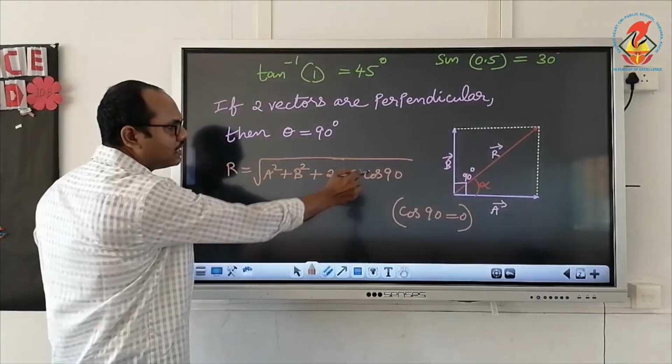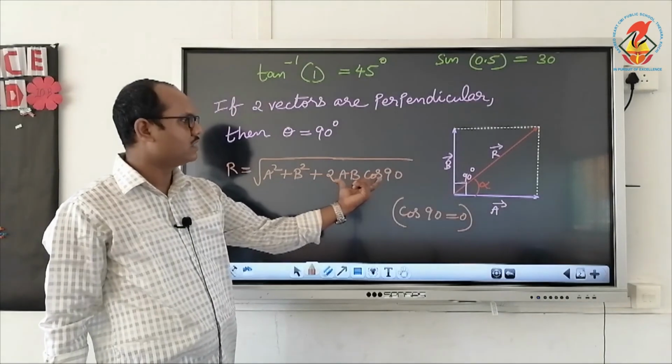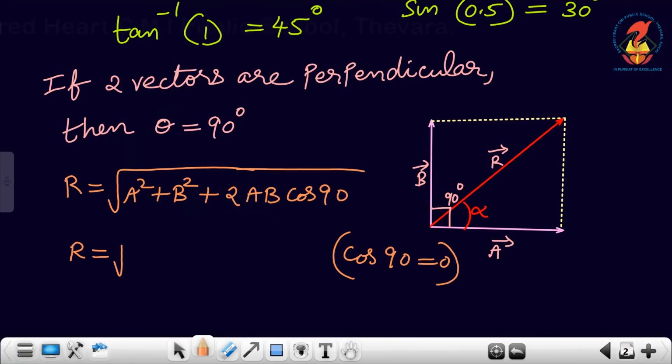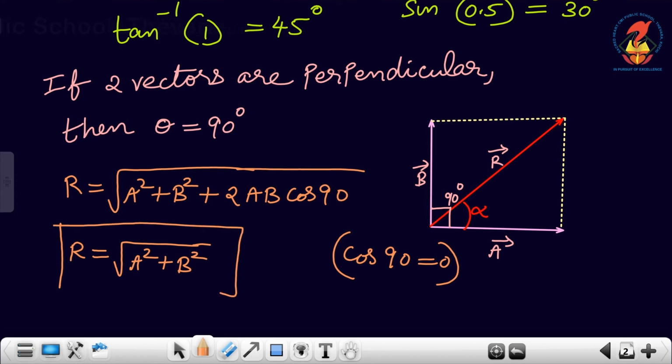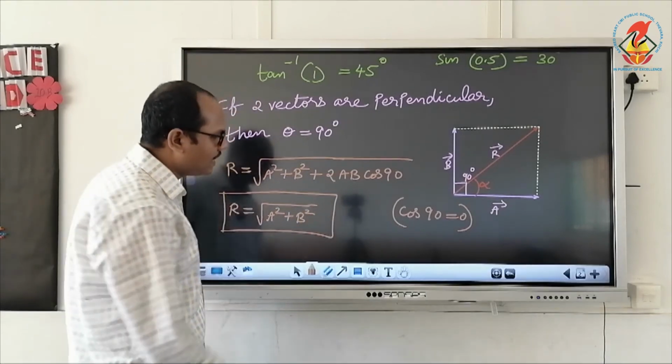Therefore, 0 into this term, this entire term will become 0. So this term cancels and you will get the remaining answer as R is equal to root of A square plus B square. So if two vectors are perpendicular, you need to use only this equation. Got it?